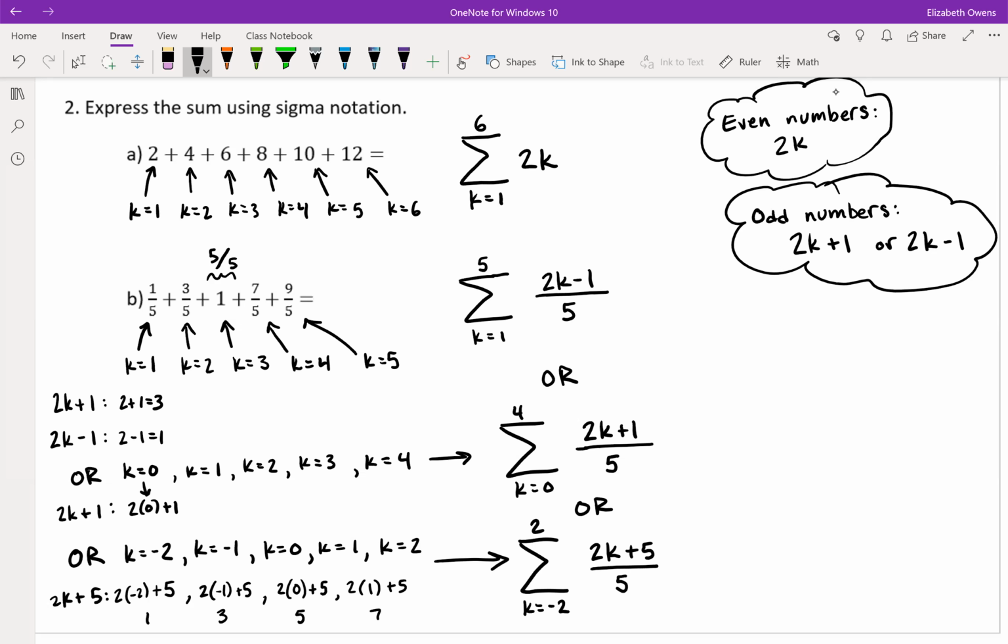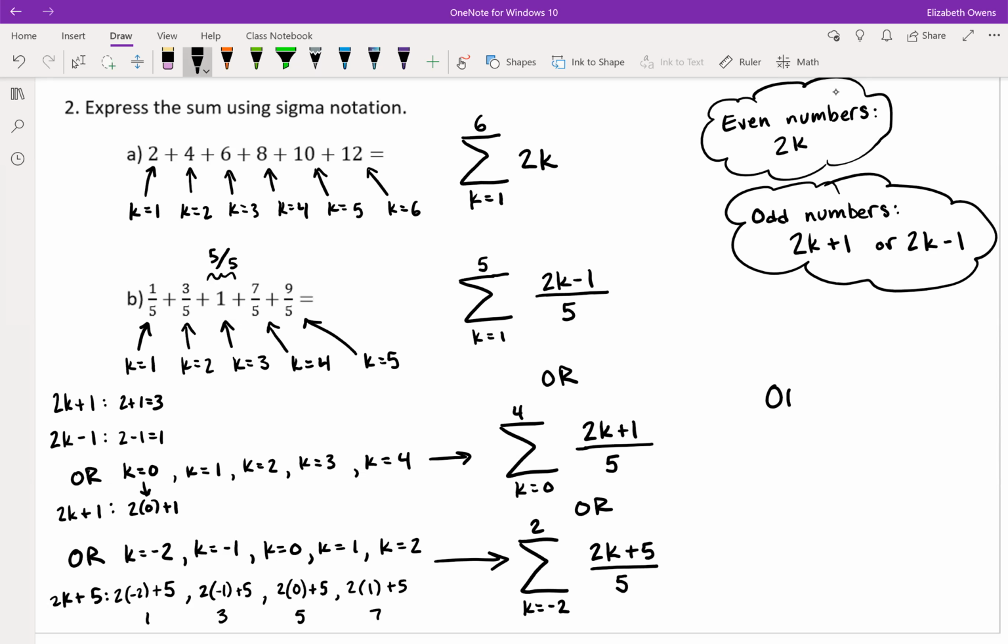Let's see, there's one more that I actually wanted to highlight for you guys. They just keep coming. What if we thought about factoring out 1/5 from all of those terms, since in all 3 of the formulas we have so far, everything's just over 5.